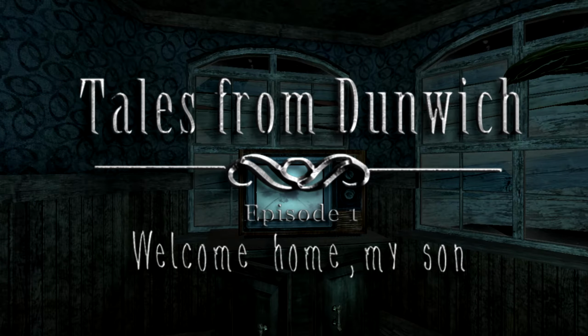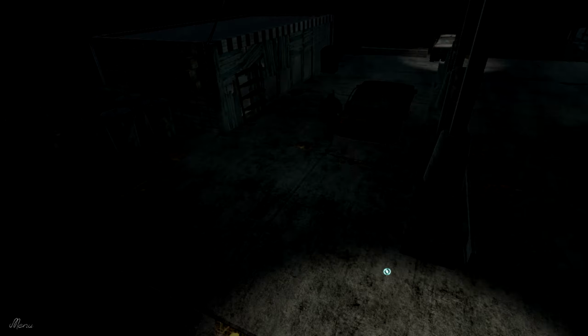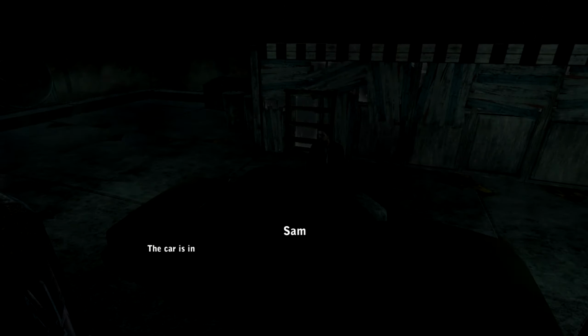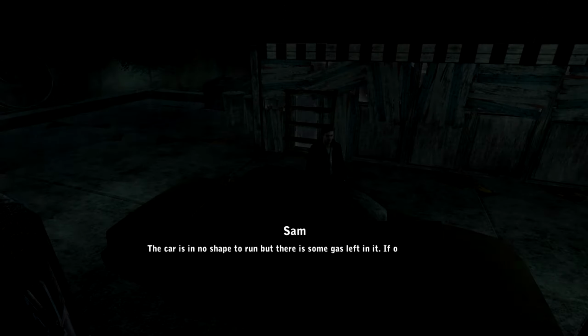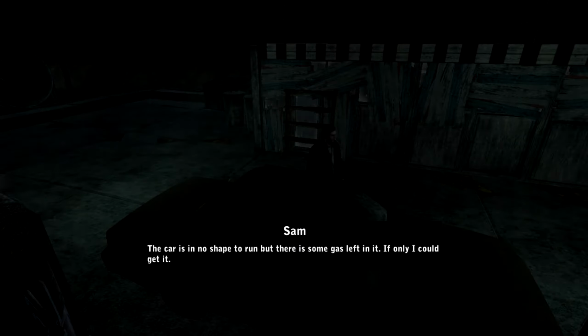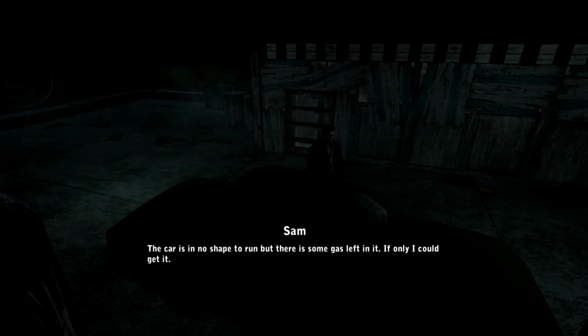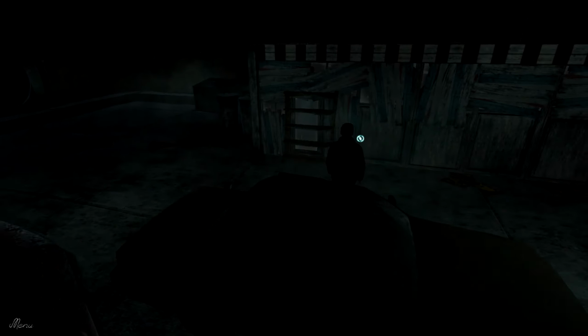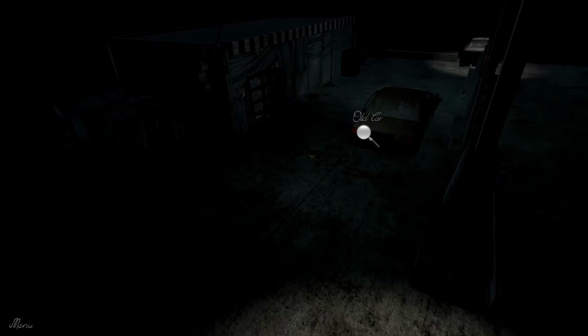Tales from Dunwich is a third-person point-and-click adventure game made in the Unity engine, and in Tales from Dunwich you take the role of Sam, a young man who is asked by his father to return to his hometown of Dunwich. And Dunwich is essentially what you would expect from a comparably simplistic point-and-click adventure. The only button you need for the game is the left mouse button.